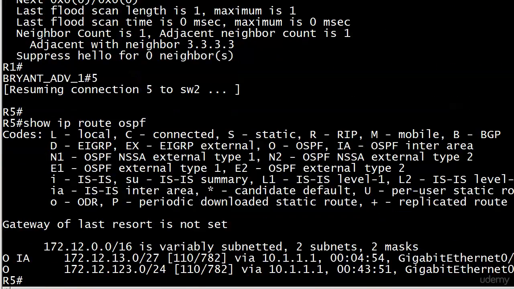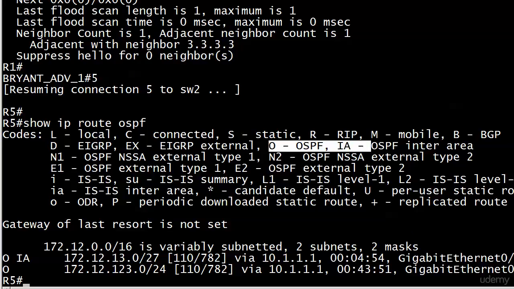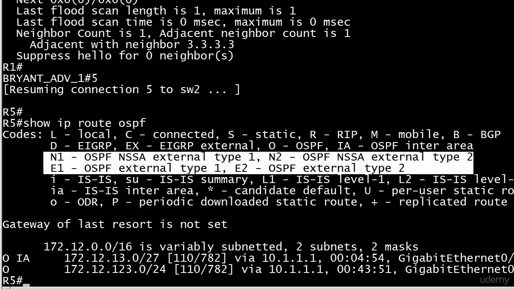Run show ip route ospf, and you see the 172.12.13.0/27 network. And notice that we have a different route code. We have to get used to this, especially with OSPF, about having different route codes, because I believe there are 6 we could see right here. Here's regular OSPF, and then inter area. Then we have something called N1 types, and then E2 types.